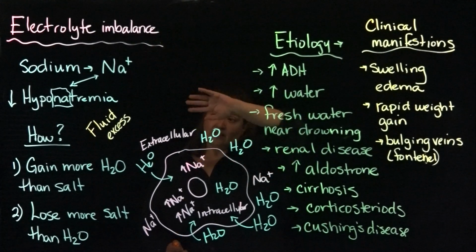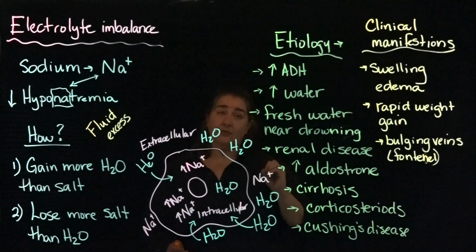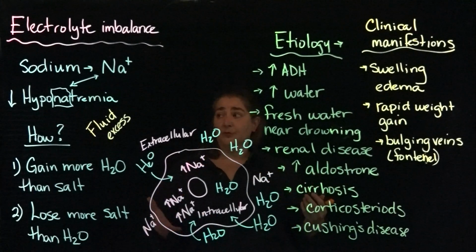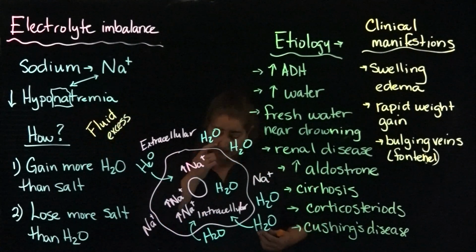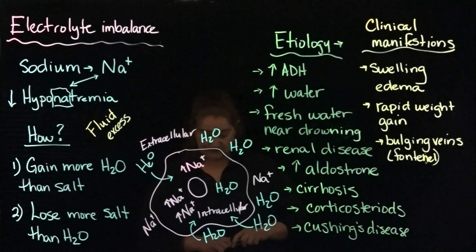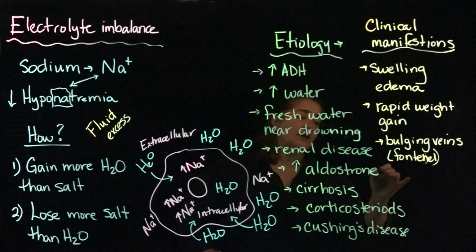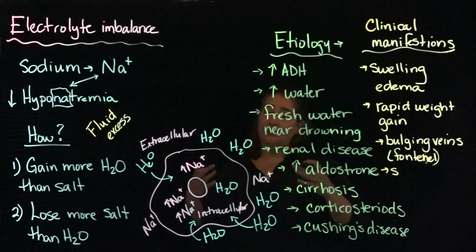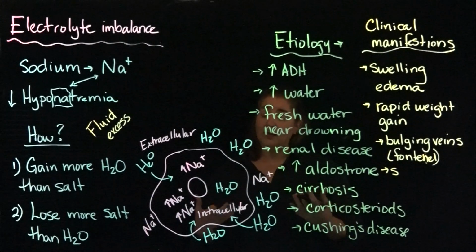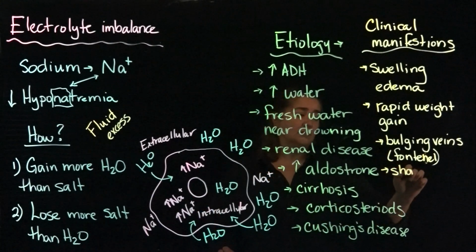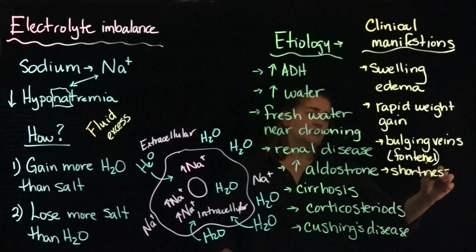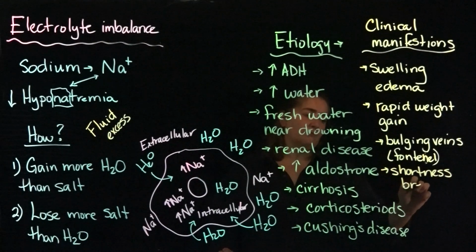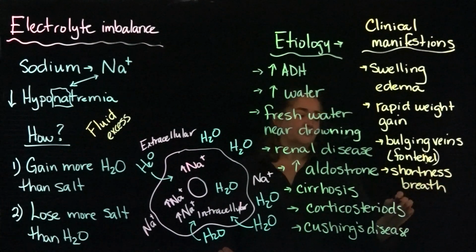If it's convex, if it's bulging, that would indicate too much fluid. That can be an indication of hyponatremia. Along with that, because you've got more fluid, there can be fluid that accumulates in the pleural cavity, in the lung, that can result in shortness of breath.